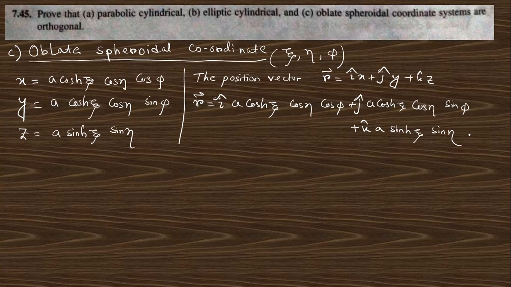This is the r vector, right? This is the position vector. This is given as this. So you must find out the unit vector along the xi curve.